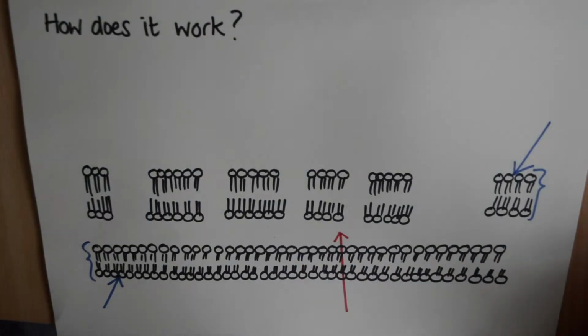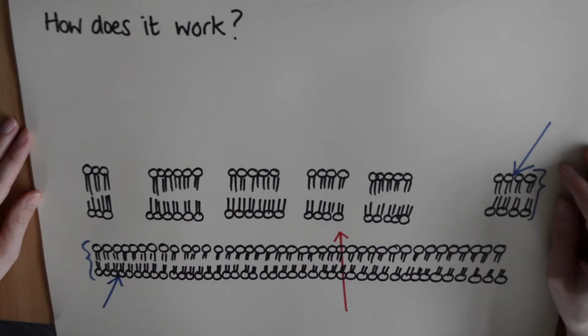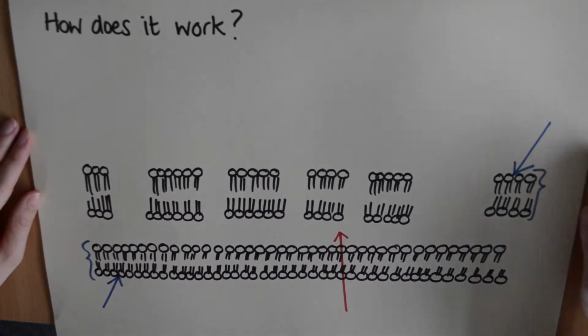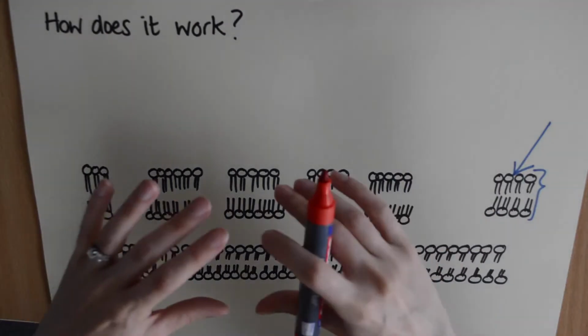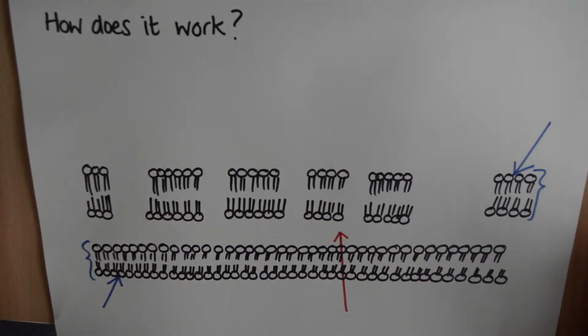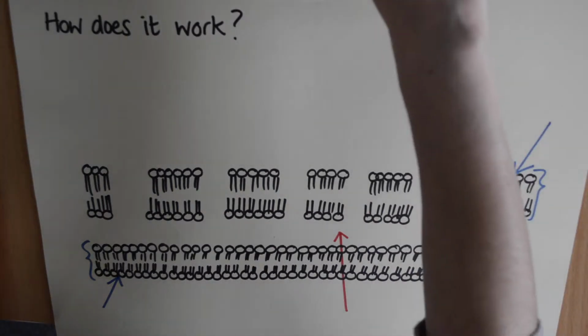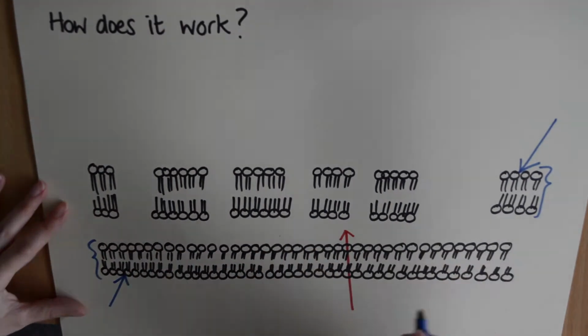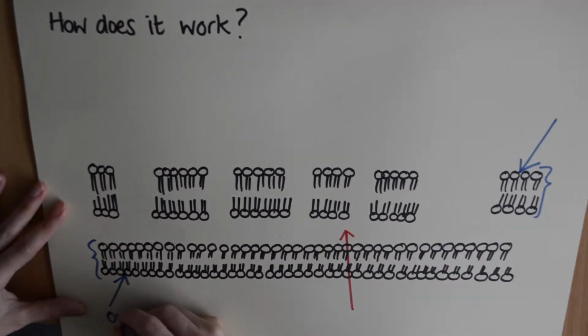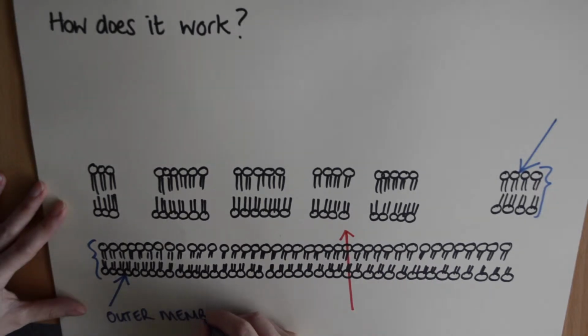So how does oxidative phosphorylation actually take place? This little diagram summarises what's going on within the membranes of the mitochondria. So what we've actually got is, to the outside here, we have the outer mitochondrial membrane.